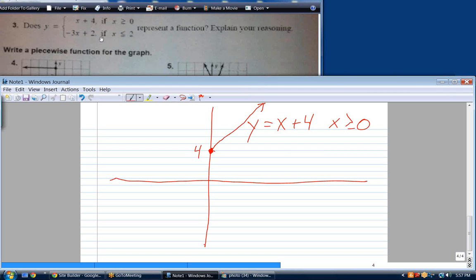And in fact, this function starts at x equals 2, which is right there. So for this part of the function, I want to graph this. How would I graph y equals -3x plus 2?